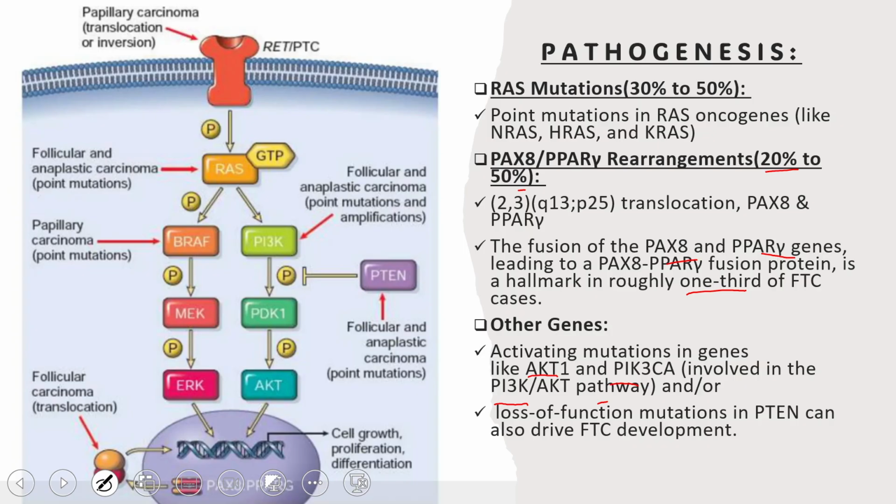And there is a loss of function mutation in PTEN, because these are inhibitory genes which act in this pathway to inhibit this growth signaling pathway of PI3K AKT. So if there is a loss of function mutation in PTEN, then this inhibitory effect will be lost. So this will also lead to overexpression of such genes, as well as these growth signaling pathways will be overexpressed.